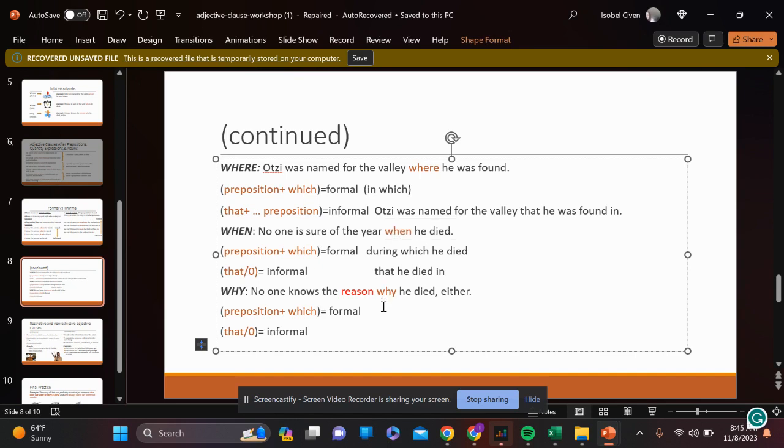It seems almost like a noun clause, but it is not a noun clause because why modifies the noun reason. So if the relative pronoun modifies a noun, it is always a relative pronoun, and it is an adjective clause because it modifies a noun. It describes a noun. Just want to make that clear.